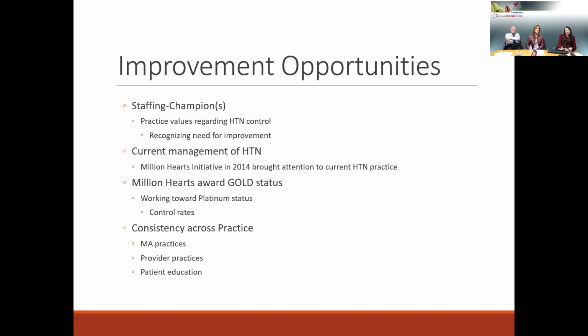The big thing was having a champion for this program, the need to see what our practice values were in regards to hypertension, and then recognizing the need for improvement. And then just looking at our current management of hypertension, we were part of the Million Hearts Incentive in 2014, which brought attention to current hypertension practices in our clinic. And then we also participated in the Million Hearts, and we received gold status.